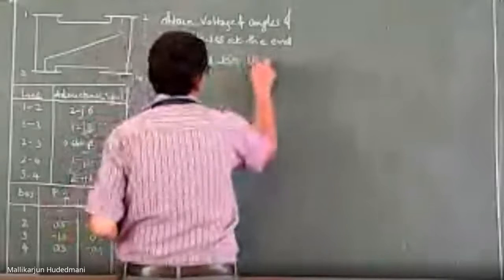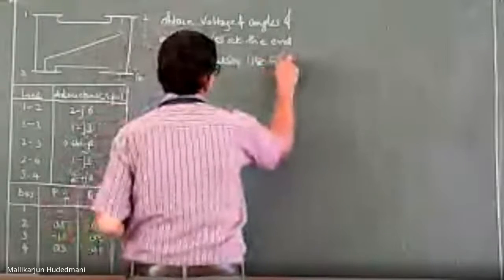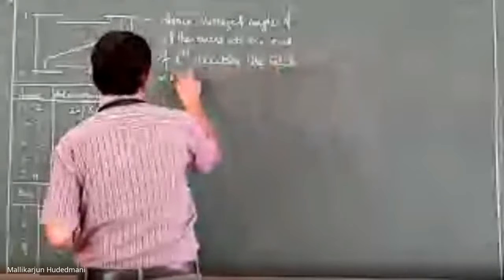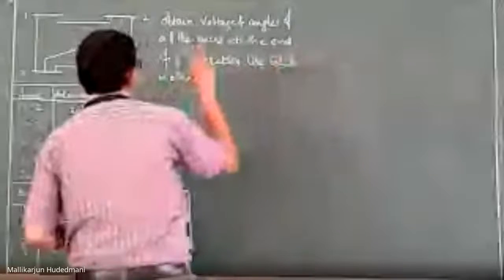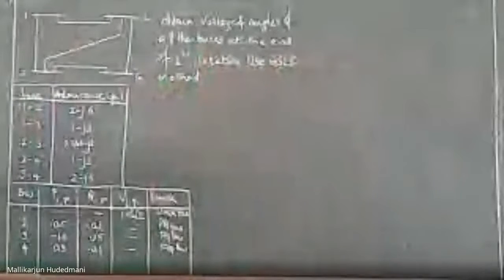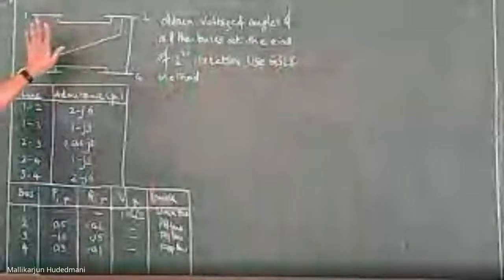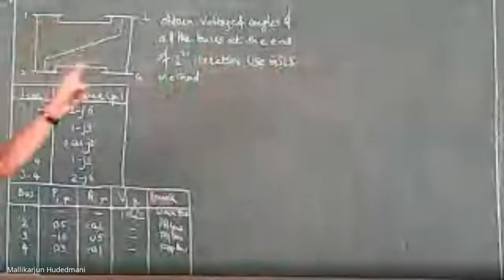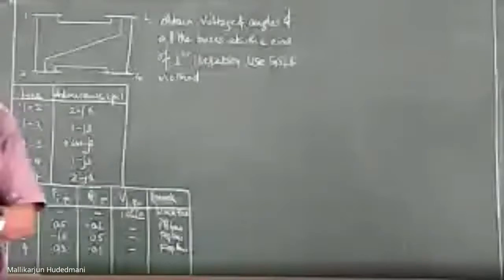Use GSLF method. You can read this. What is this? Obtain voltage and angles of all the buses at the end of iteration number 1 using Gauss-Seidel load flow technique.